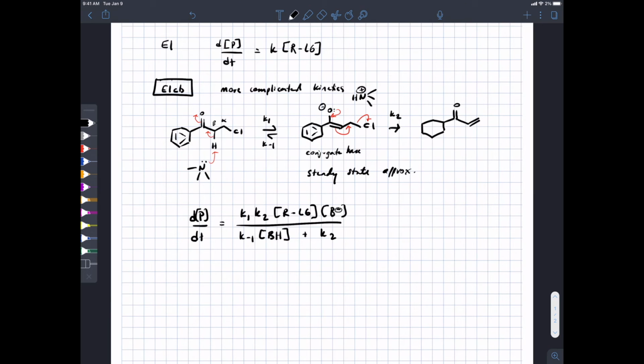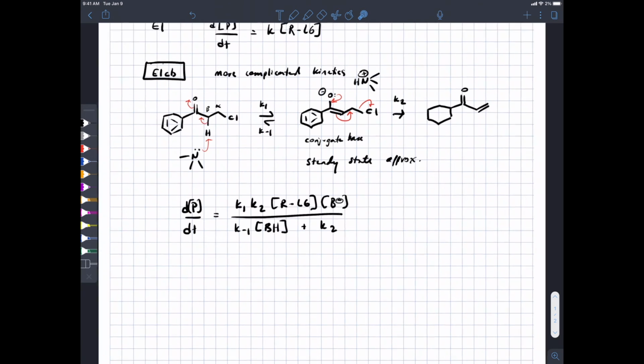All right, and again, you would have gotten this by setting the rate of change of this molecule's concentration equal to 0, taking into account the forward rate that comes from K1 and these two molecules, the reverse rate, which comes from K minus 1 and this intermediate, and then the forward rate K2, which is K2 times this intermediate. All right, questions so far?